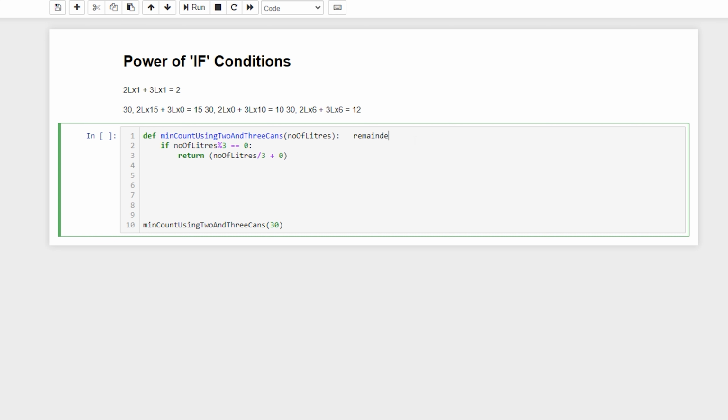So remainders, when divisible by 3, what are the remainders you will be getting? Either 0 or 1 or 2. Again, if some number is a multiple of 3, that will come as 0. Okay, so these are the three possible combinations.